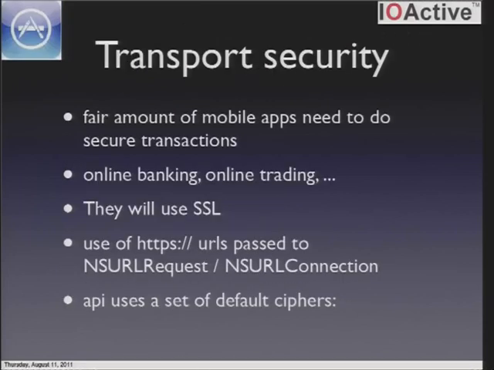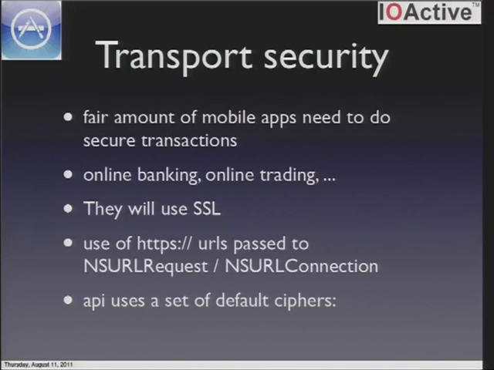The first thing I'll be talking about is transport security. Turns out there's a large number of applications that run on iOS where you would want to use some kind of transport security: online banking, online trading, all sorts of stuff where you don't want your data to just leak out in the clear.